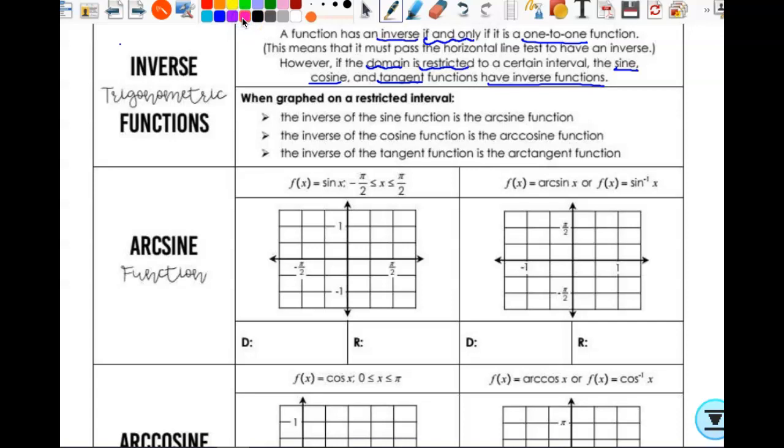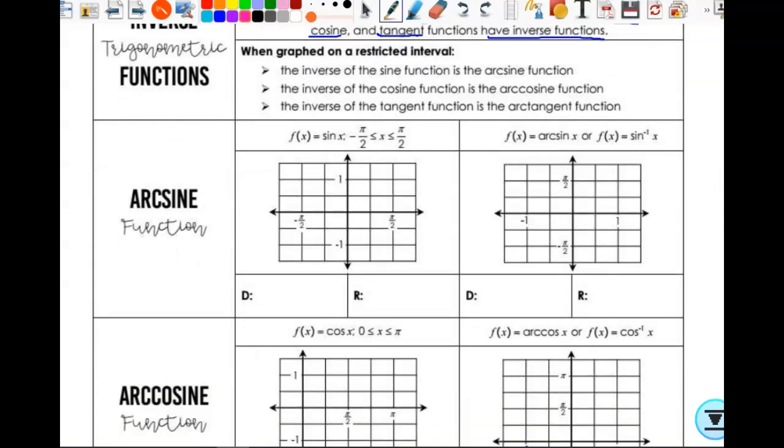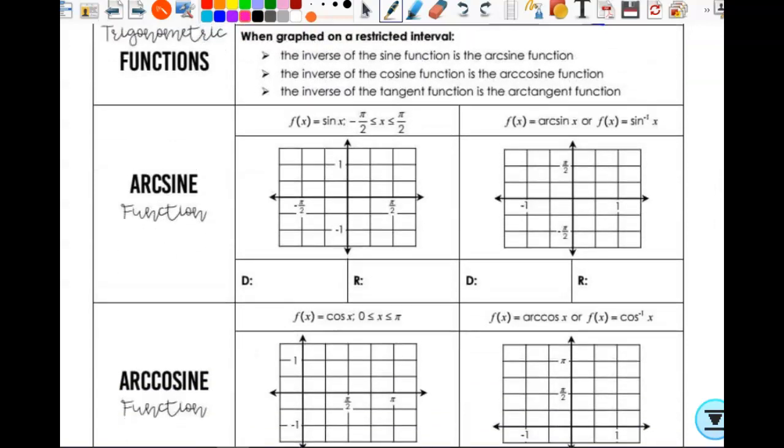So it says, when graphed on the restricted interval, the inverse of the sine function is the arc sine, which means we could write it as arc sine, which is the same thing as sine inverse. You can see it either way, depending on what materials you're looking at, who your teacher is, who your professor is, but they mean the exact same thing.